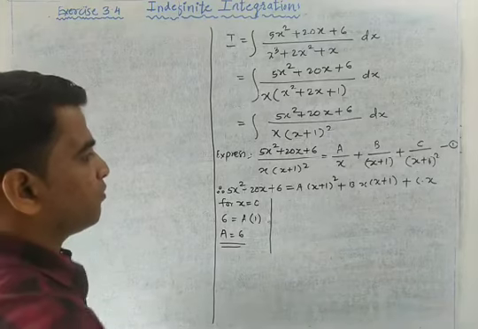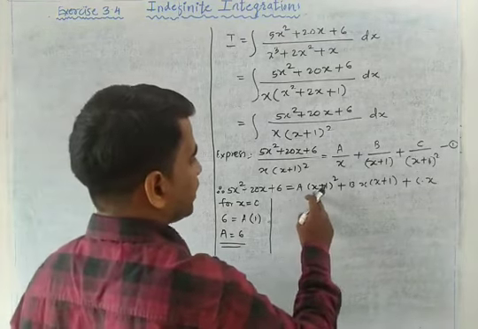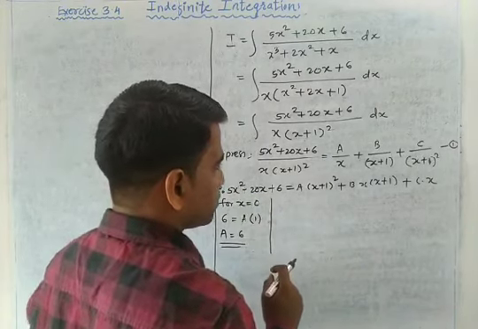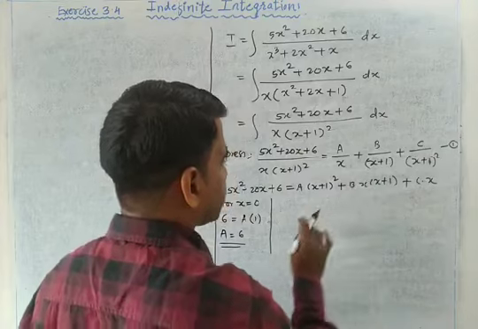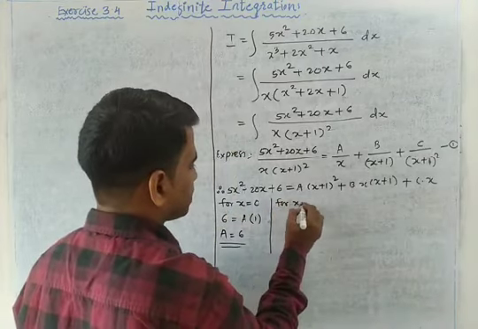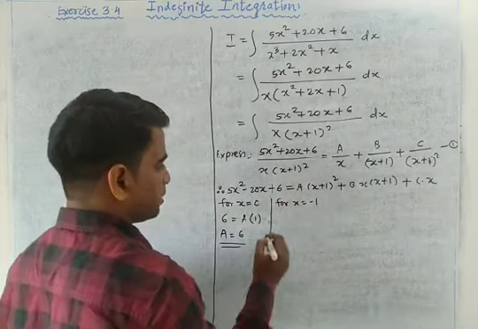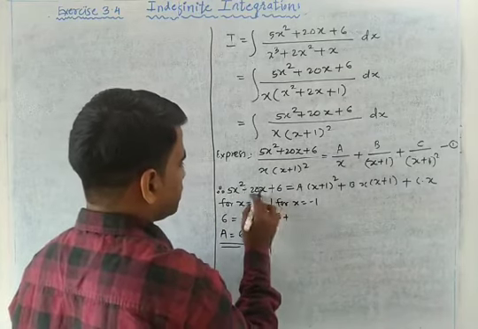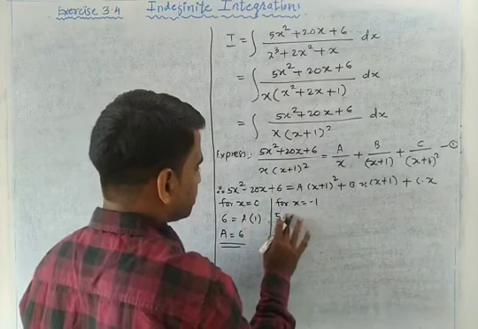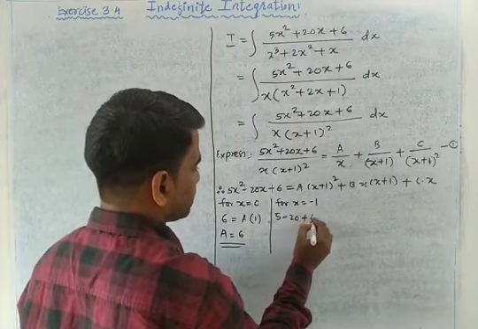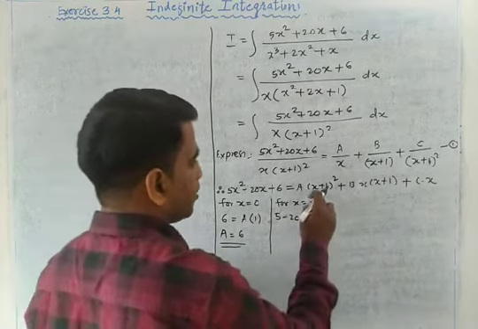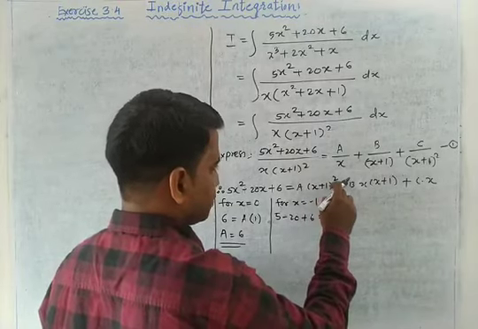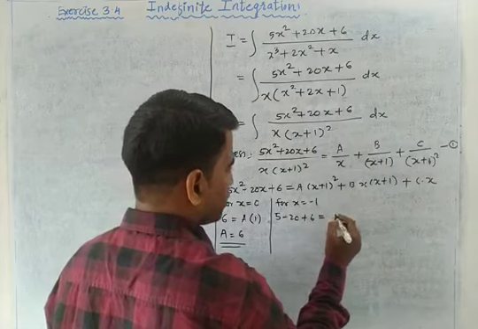Okay. Now for finding the value of C, when this part becomes 0, substitute x = -1. For x = -1, what will happen? Check that. 5 times (-1)² is 5, 20x into -1 is -20, plus 6 is equal to A(-1 + 1)², which is 0, so the A part will vanish.